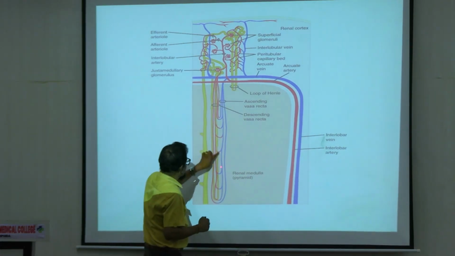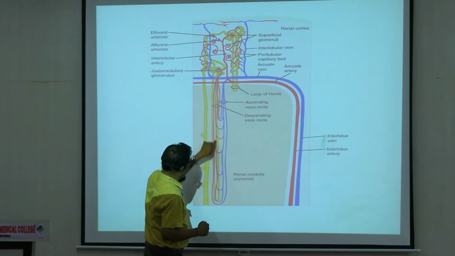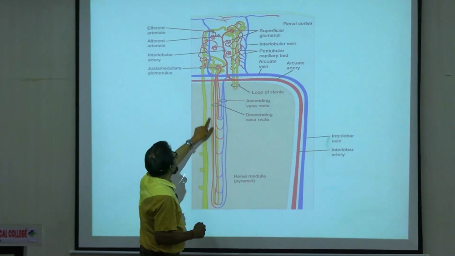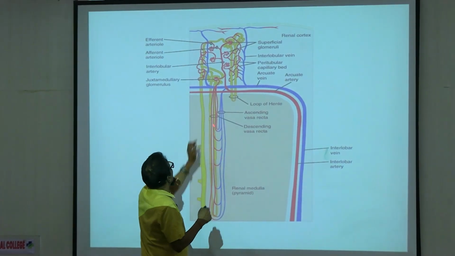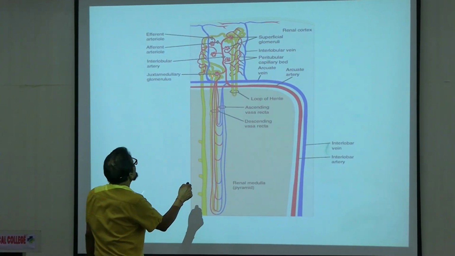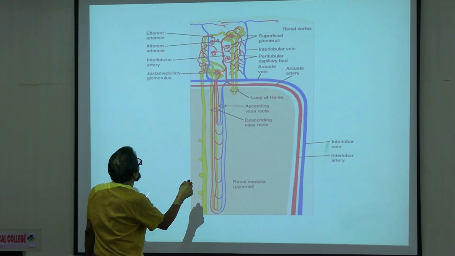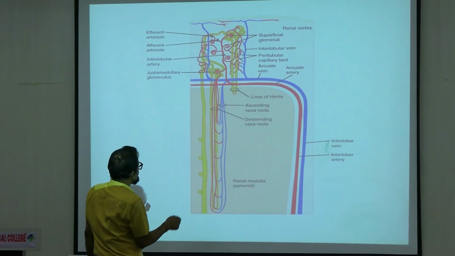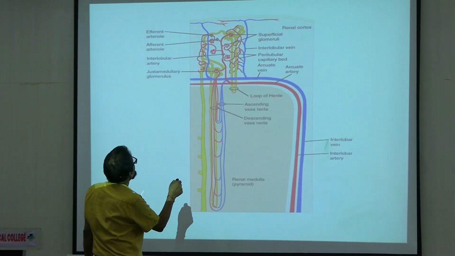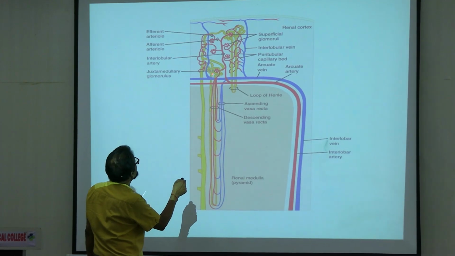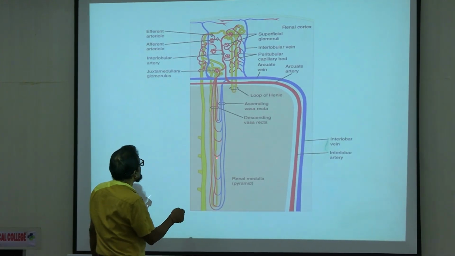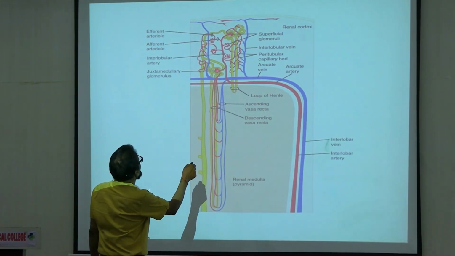This is the thin part, thin descending and thin ascending, then thick ascending, and it is passing through this. Sorry, I am wrong. This way it comes.